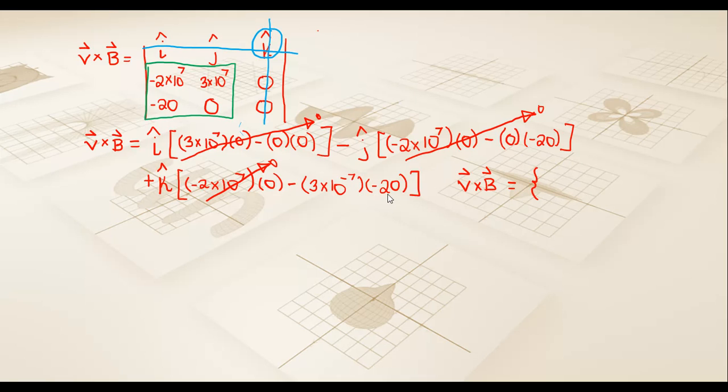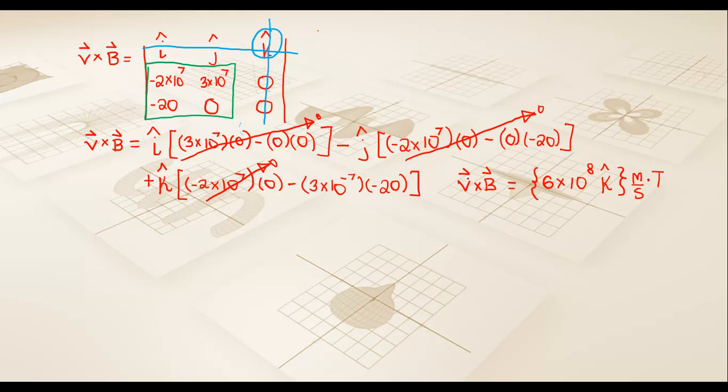So that would actually give me 6 times 10 to the 8, multiplied by the special unit vector k, and then the units for this would just be meters per second times Teslas.